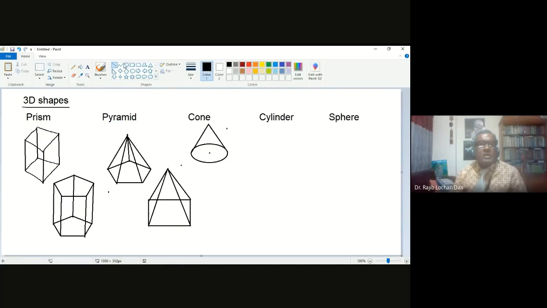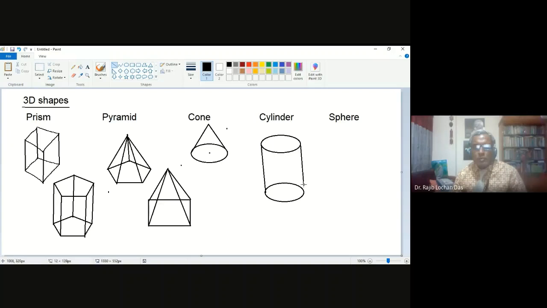And cylinder is like a prism. The top is a circle, and also the bottom is another circle. So the same circle at the top, same circle at the bottom, and you have the lines side by side.